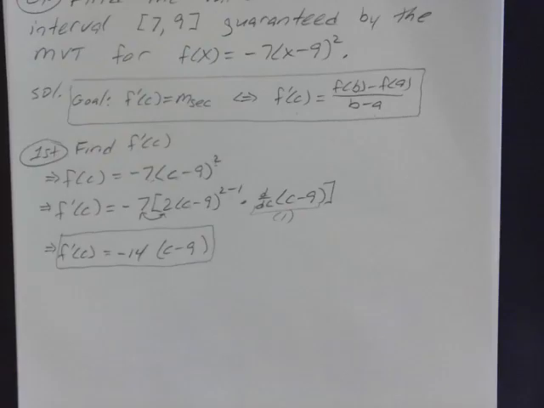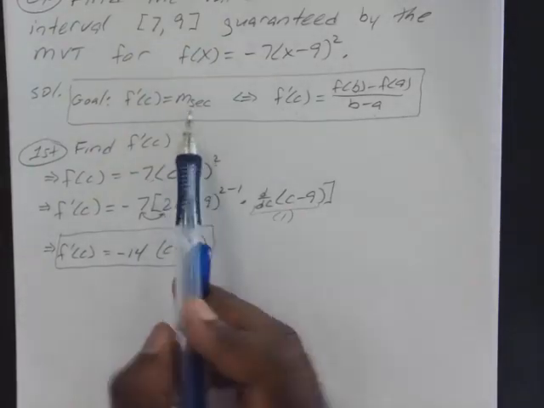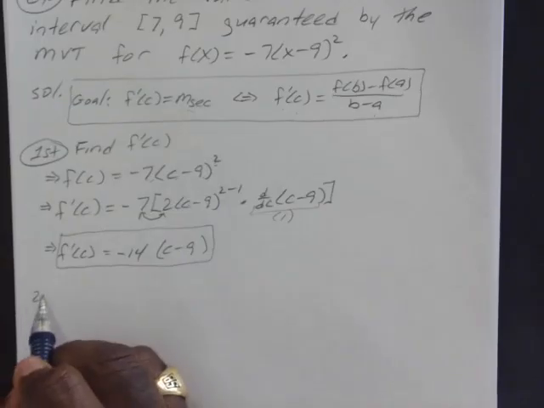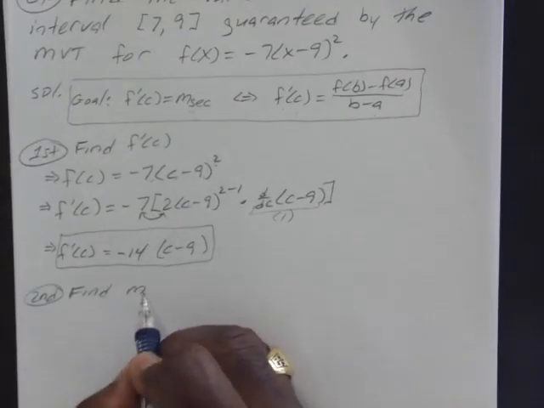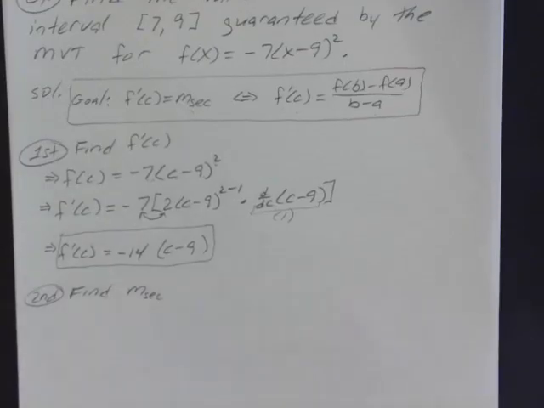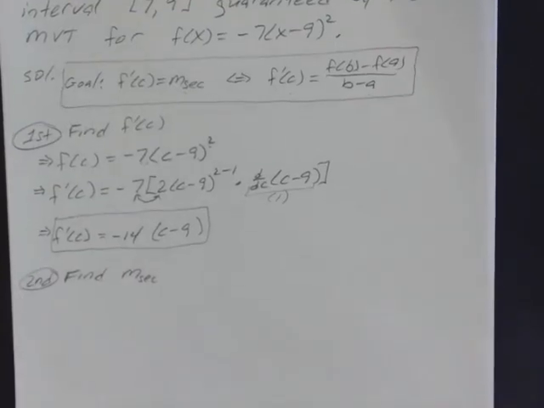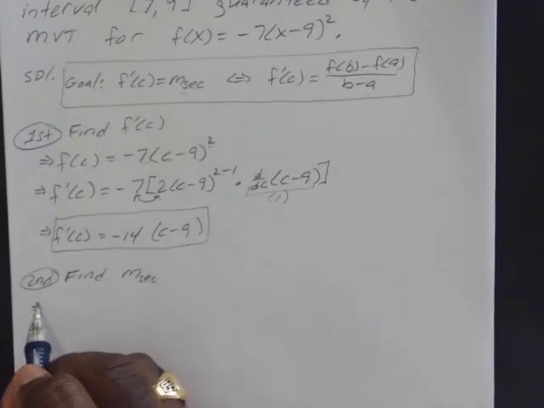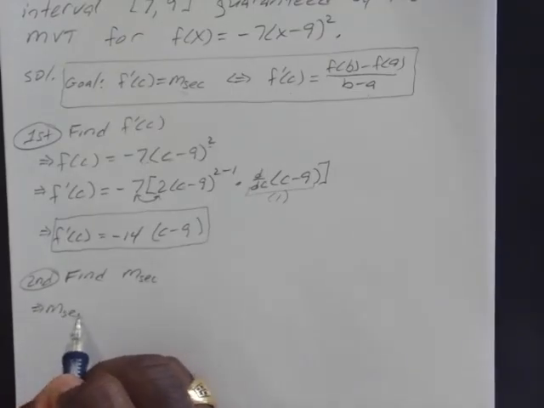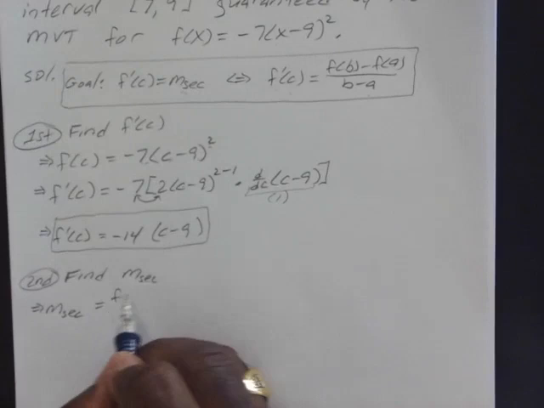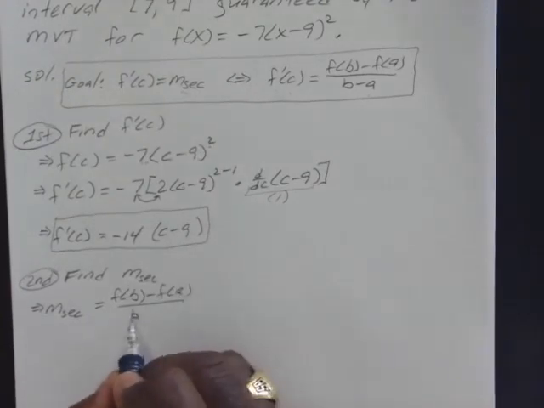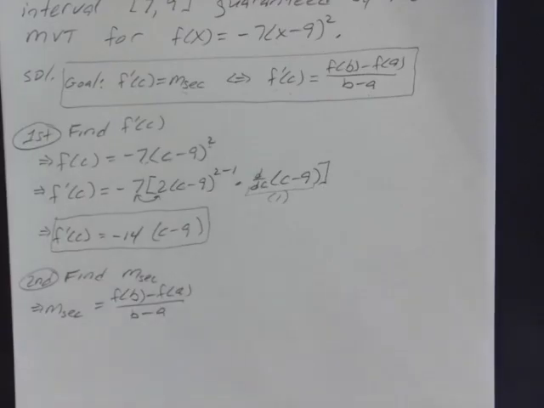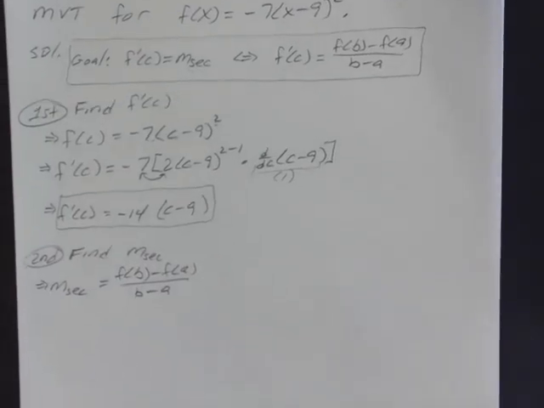Okay, now we want to find our slope of the secant line. Okay. Well, we know the slope of the secant line is f of b minus f of a all over b minus a.